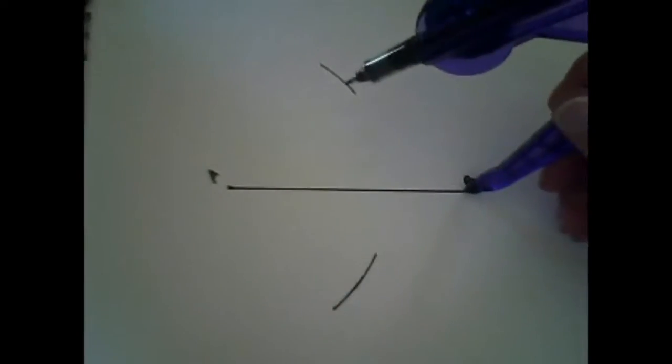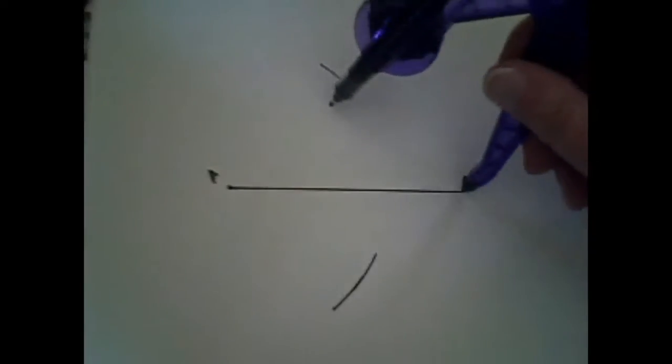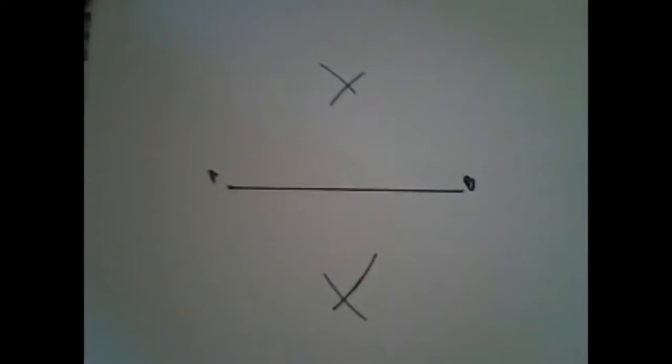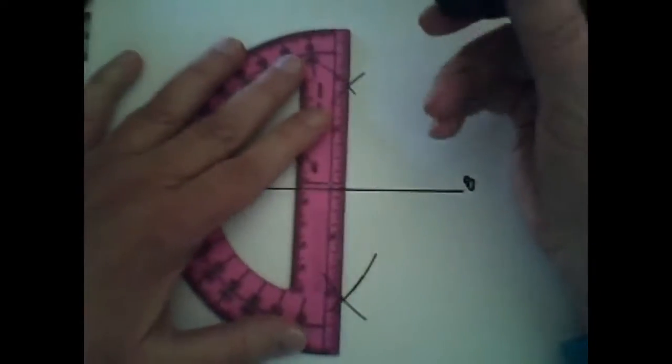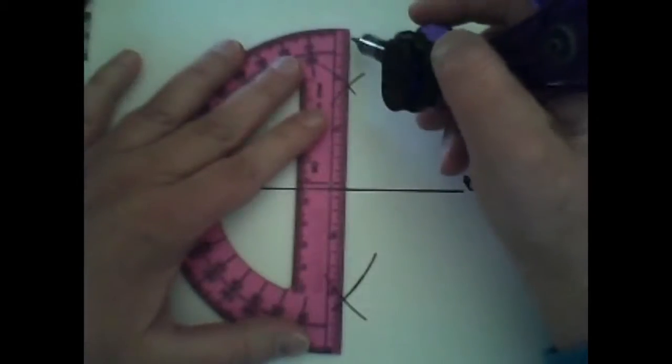Then without changing the length of the compass, we'll put the point of the compass on B and do the same thing. Now we've got two points indicated by our two intersections that we can connect with another line segment.